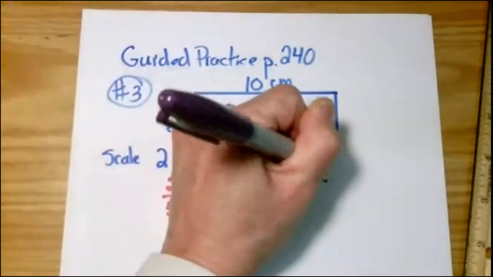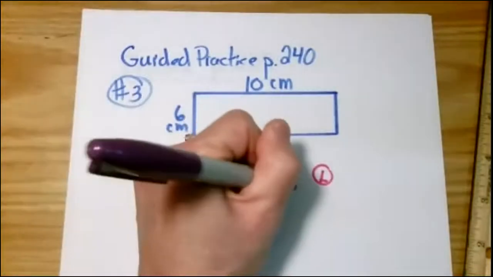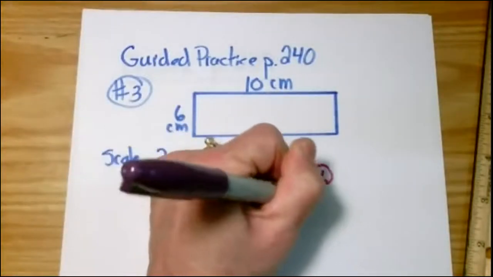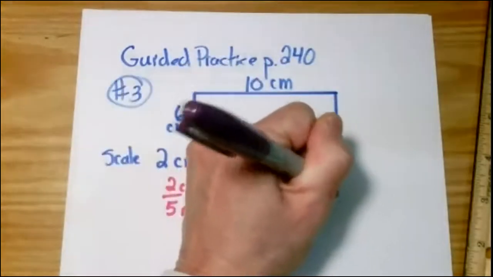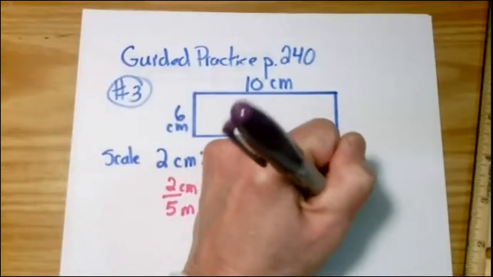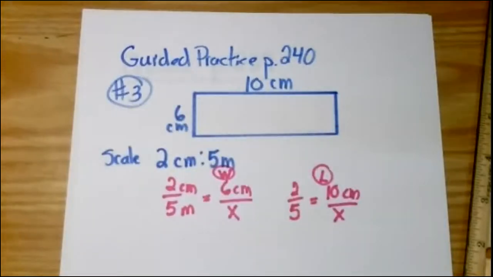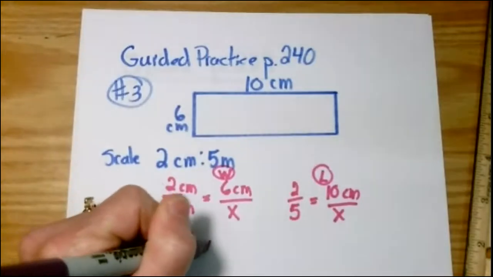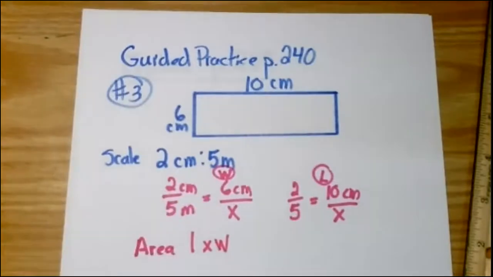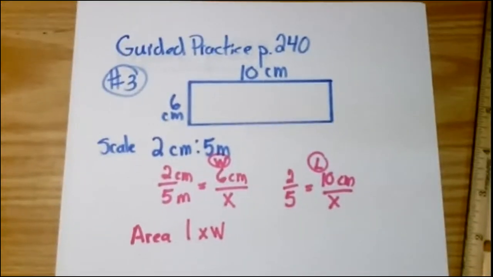And our length, again, we're going to use the scale of 2 to 5, 10 on top, finding the actual length. And then it asks us to find the area of the room. So the area will be length times width. I'm not going to do that problem with you because I want you to give that one a try. So we're going to go on to number 4.